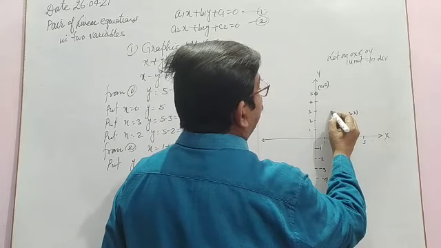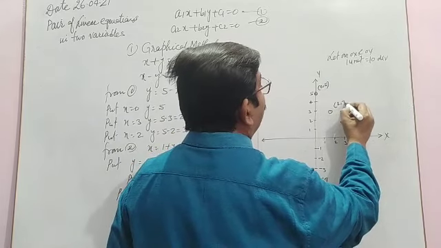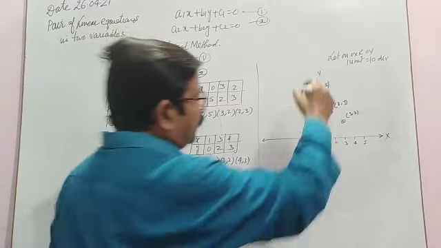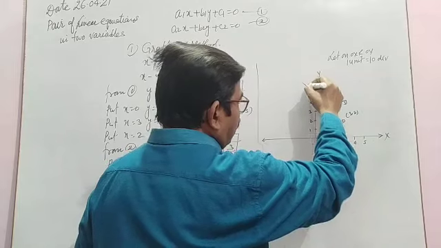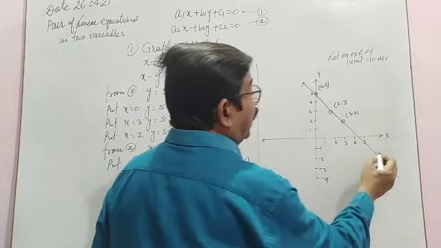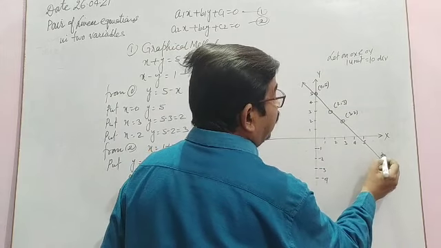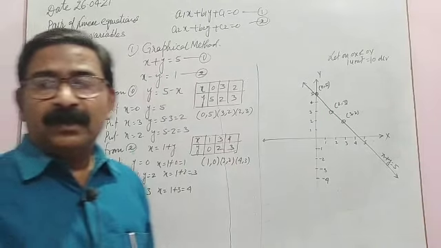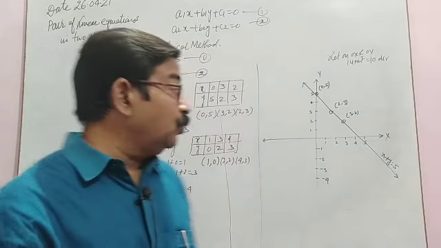Maybe this is the point (2, 3). After plotting all these points, you will observe that these points are on the same straight line. You will join them and write the equation here: x plus y is equal to 5. Got it? x plus y is equal to 5.